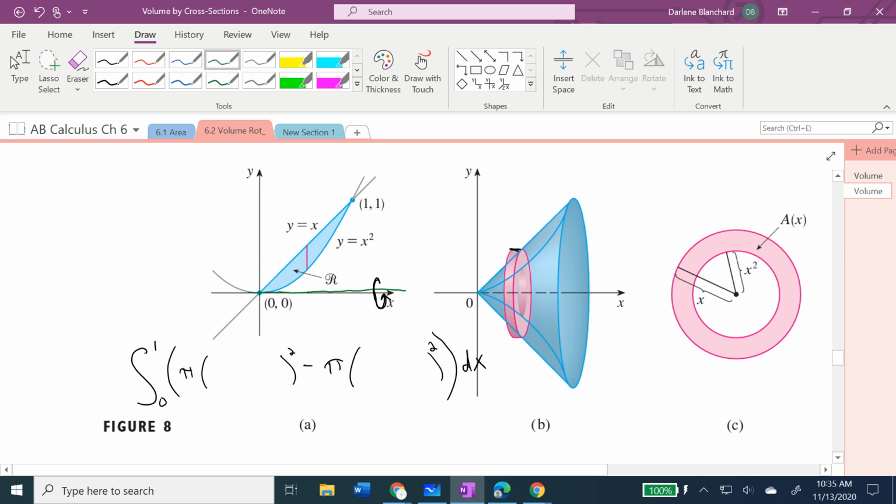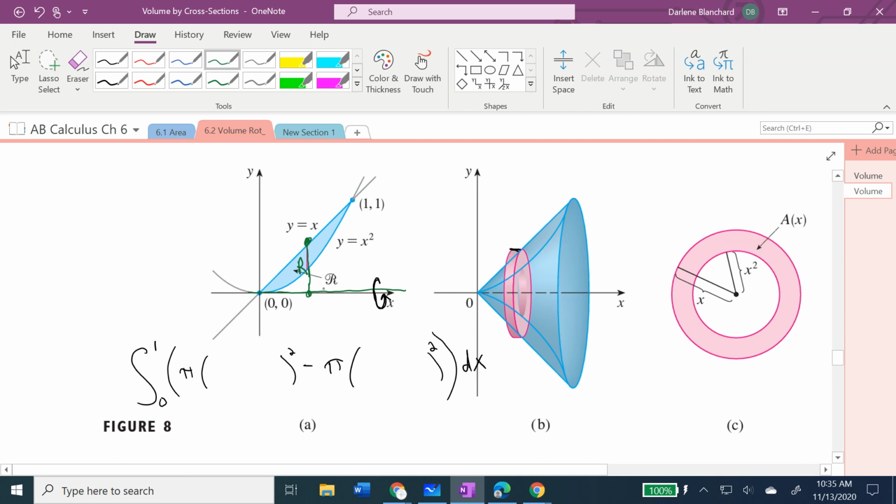So start on the axis of rotation. Then draw a line segment perpendicular to the axis of rotation heading toward the region. The outer radius will cut into the region, go inside the region, and reach to the outer edge, to the function who is furthest away. And label that with a capital R.